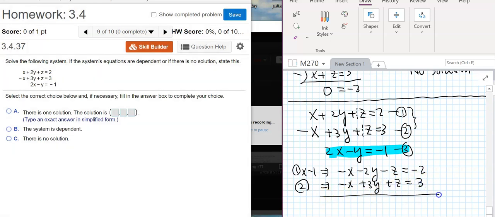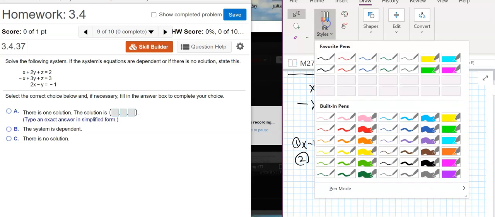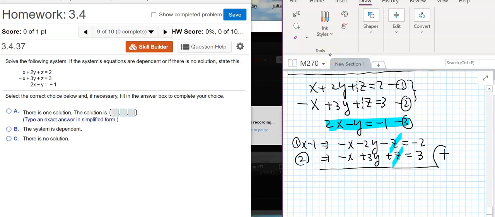Now I'm going to add these. What was the reason? Because I can cancel z, isn't it? That was the whole reason, so that this z gets canceled. So what's left? I'm left with negative 2x plus y equal 1. I'm going to call this 4.